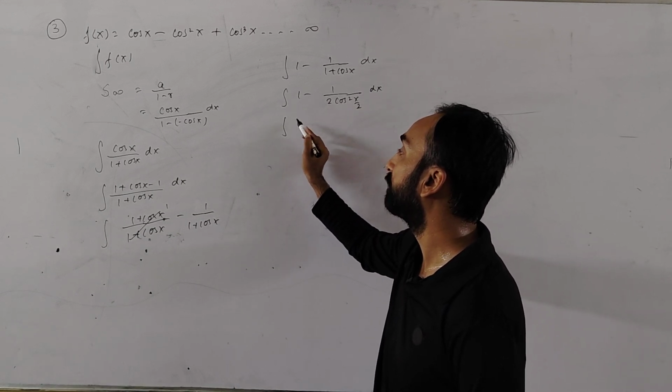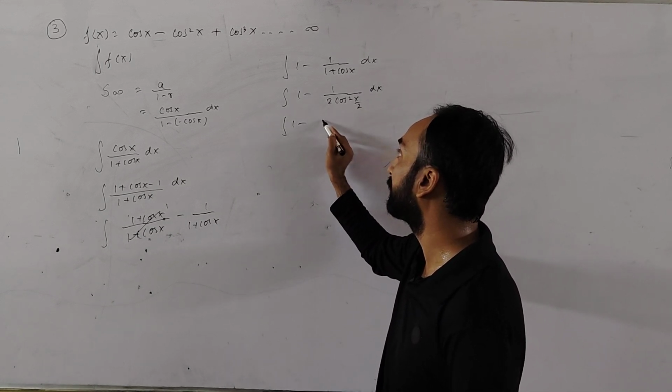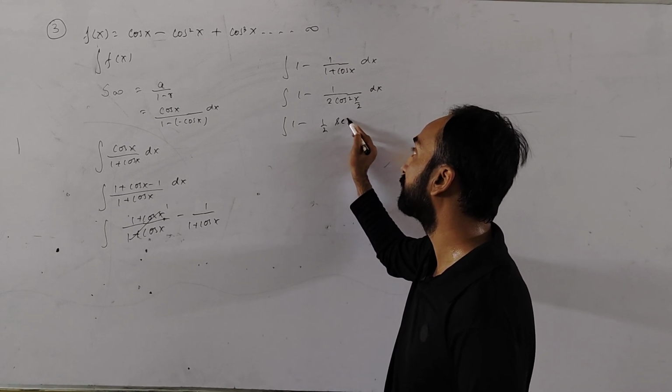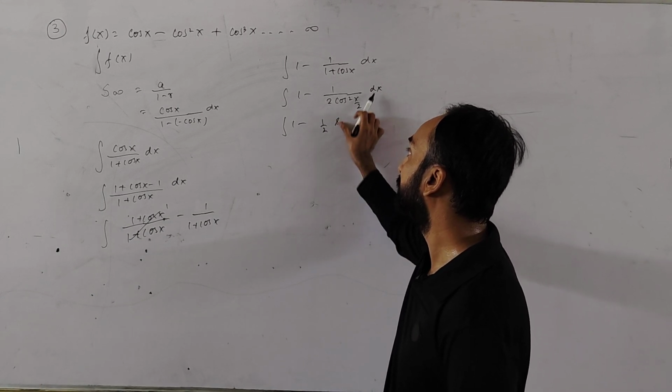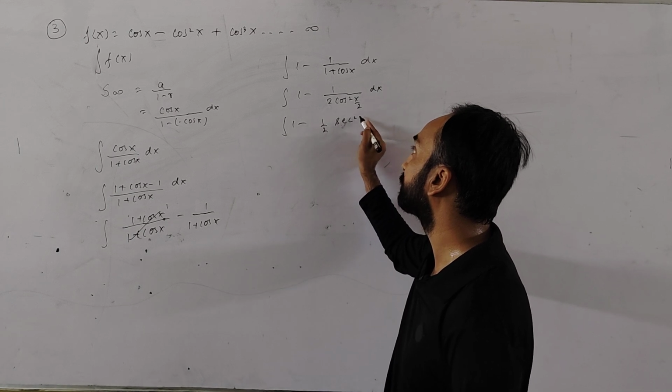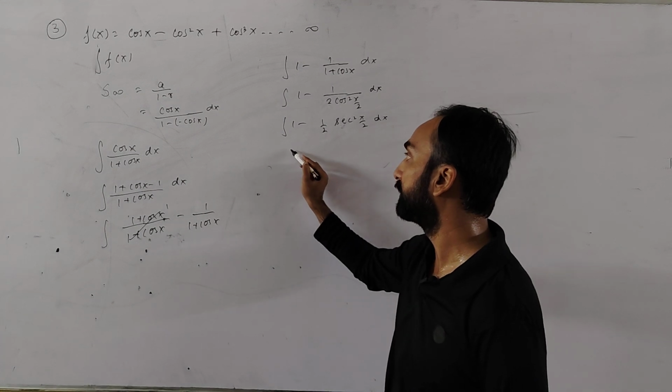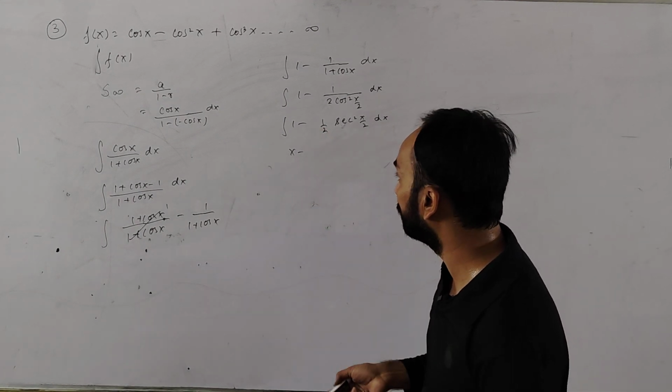Now the integral of 1 minus, this can be written as 1 by 2, and 1 by cos square x by 2 can be written as secant square x by 2 dx. Now the integral of 1 will be x.